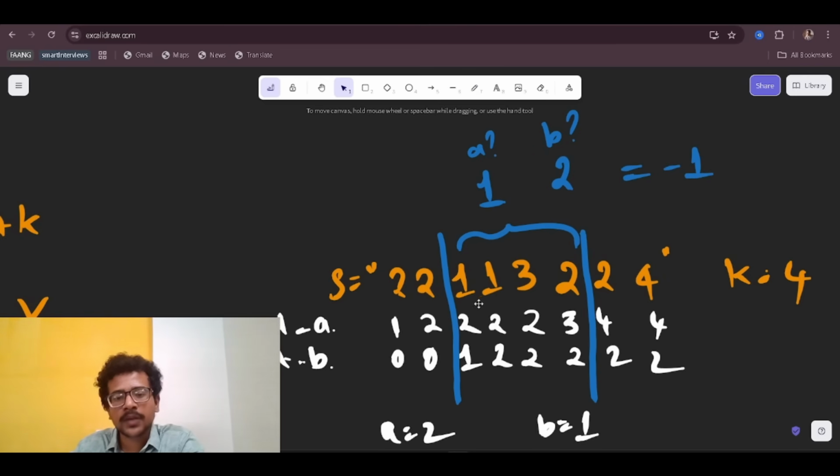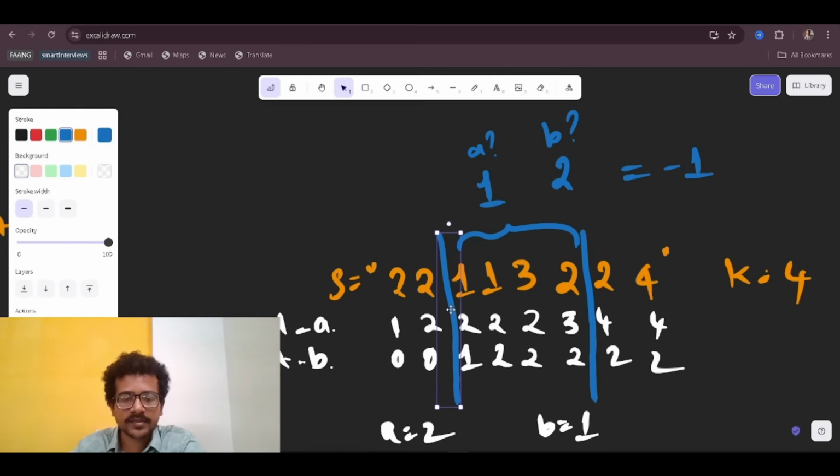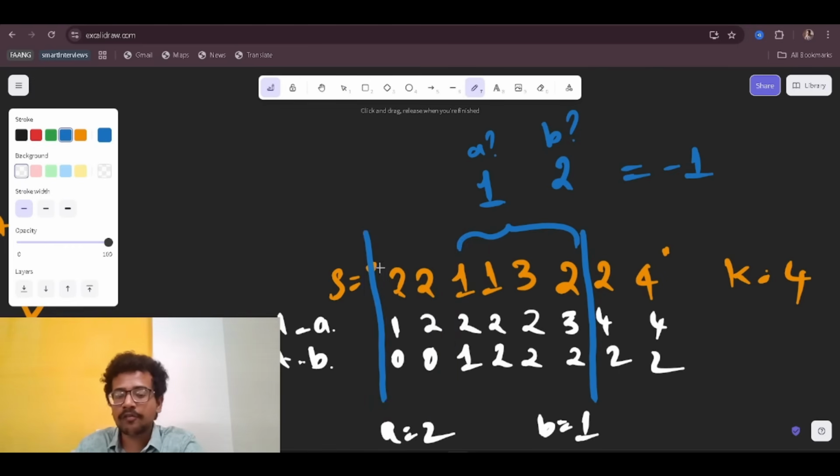But bro, is this a size of at least k? Absolutely, it is at least k. The size is 4. This substring is of size 4. But what if I say this substring would give me a much better answer? Now let us see. Till here I got 3.